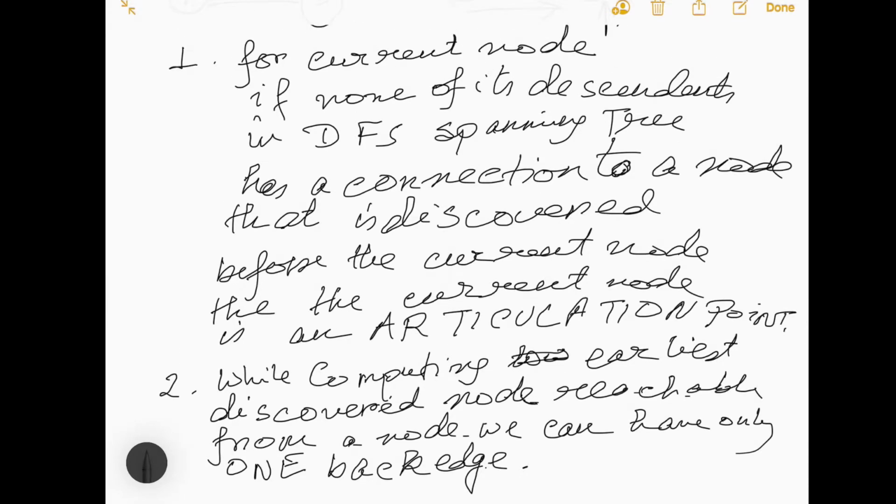So these two are the constraints, or observations, that we made till now, that we need to use while designing our algorithm for how to find the articulation points.